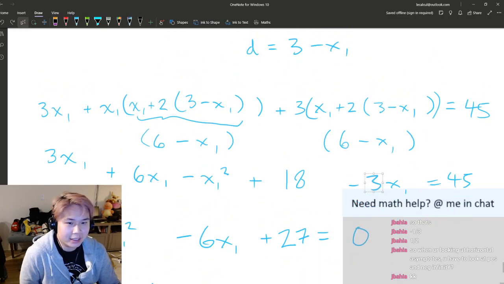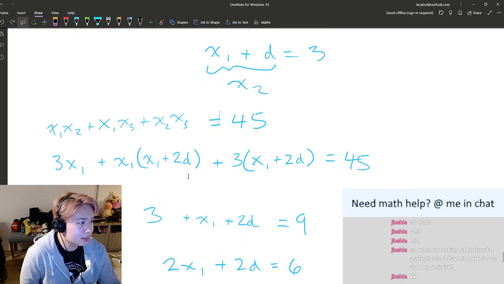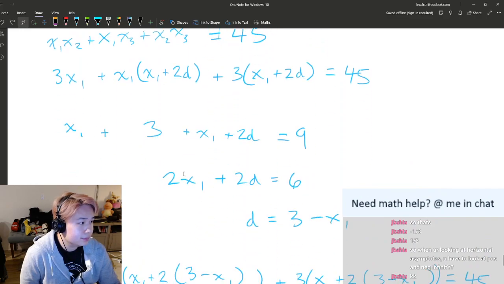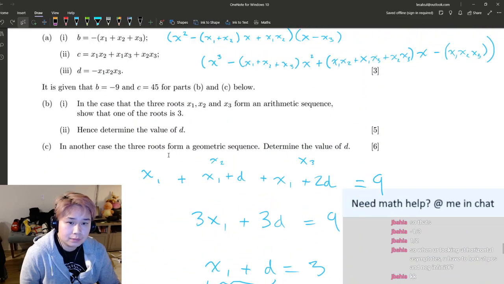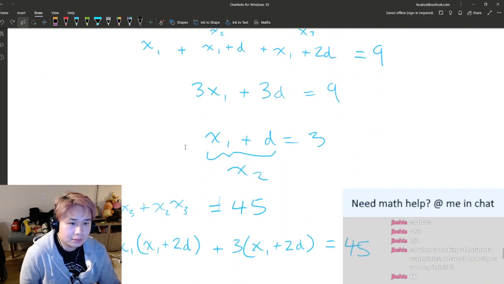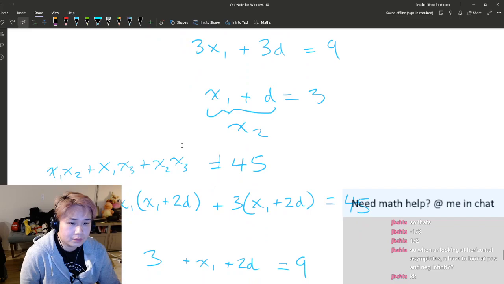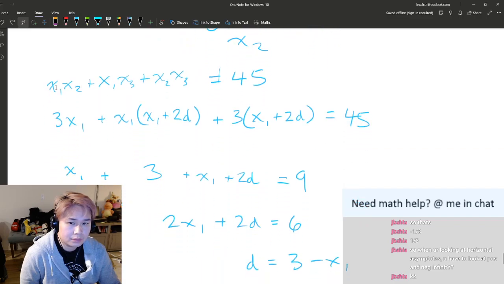Man, I don't know why I'm taking so long on this question. It shouldn't be that difficult. So I'm just checking and making sure that all of this is substituted properly.